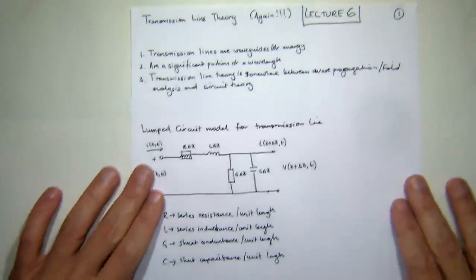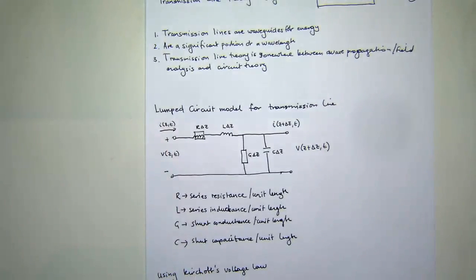Okay, so let's start off by looking at a very small section of a transmission line. So we've got a very large transmission line, and what we're going to do is look at a very, very small segment of this transmission line, and we're going to model this very small segment as this equivalent lumped circuit, right?